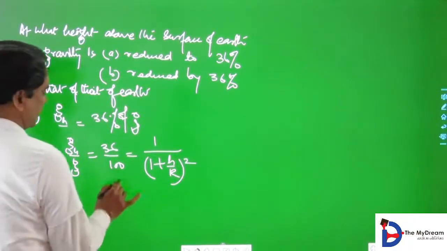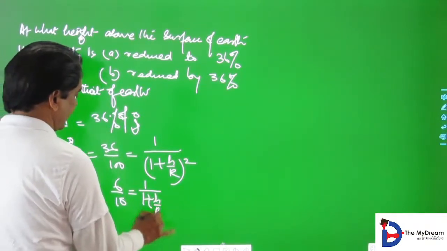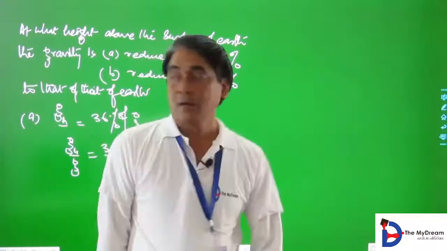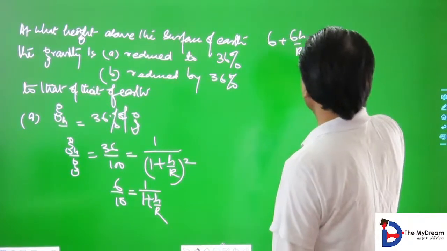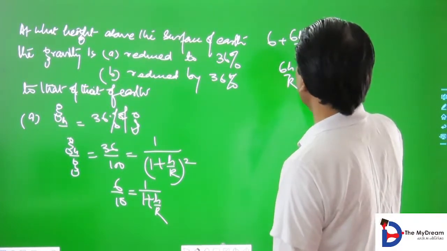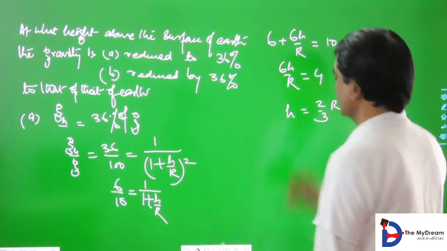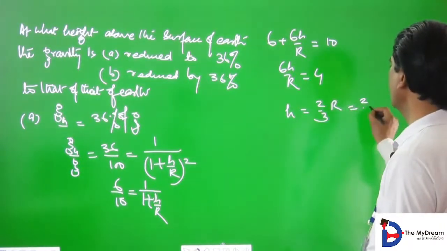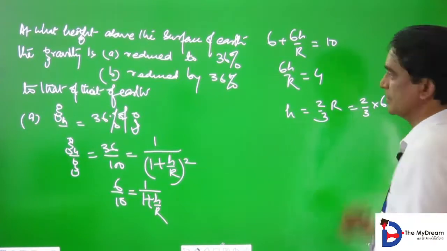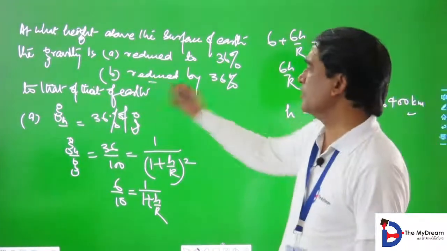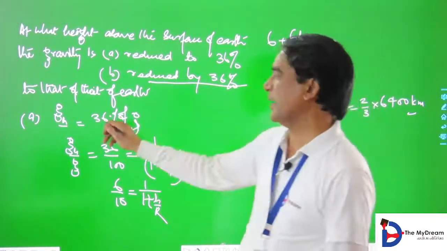Take the square root. 1 plus H by R equals 6 by 10, so 6H by R is equal to 4, and H is equal to 2 by 3 R. And now you can put the value. Yes. When we are talking about reduced by, then you can subtract from 100. So here you will get 64%.